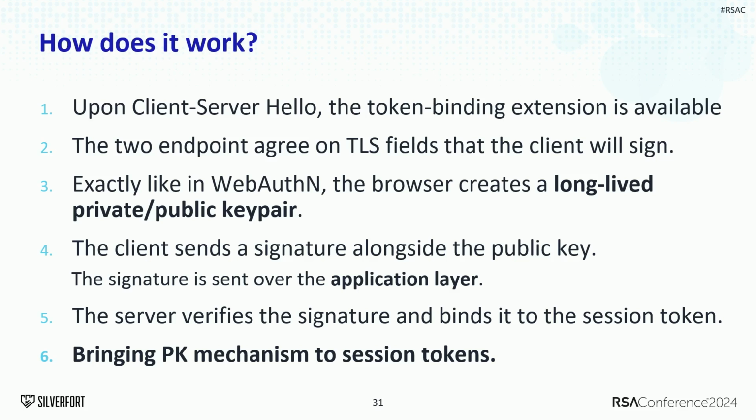The client sends a signature alongside the public key, and it is sent after the initiation of the TLS handshake, over the HTTP layer, the application layer. The server verifies the signature and binds it to the session token, which brings the public key mechanism to session tokens.